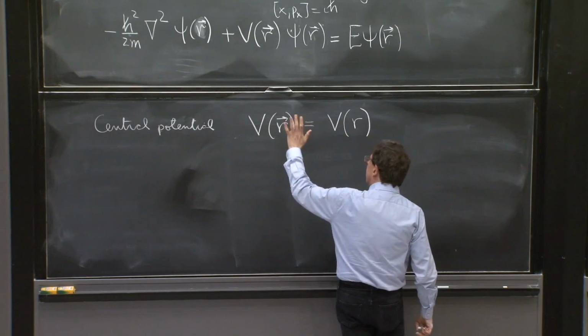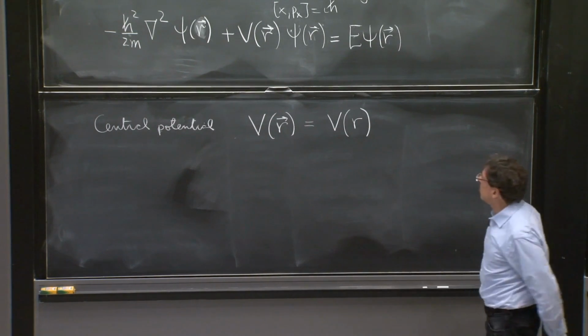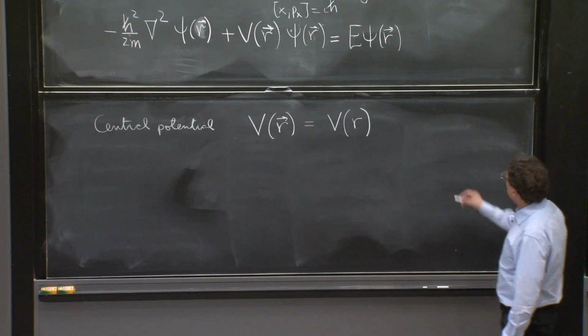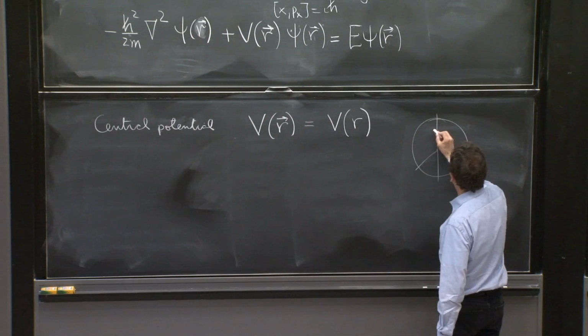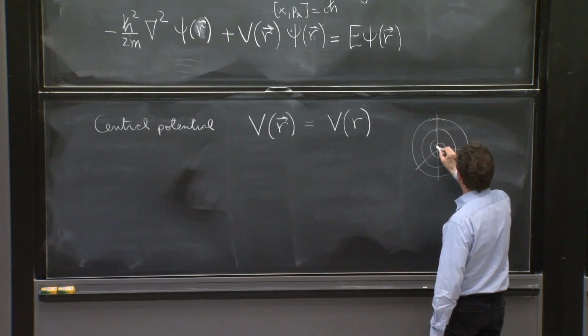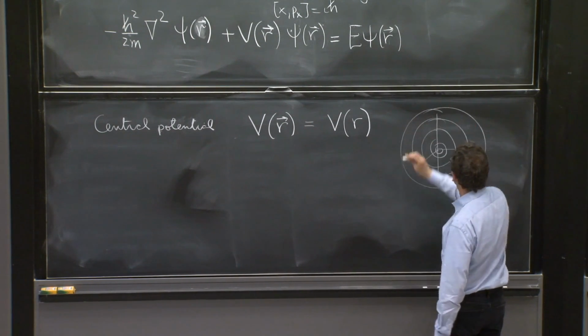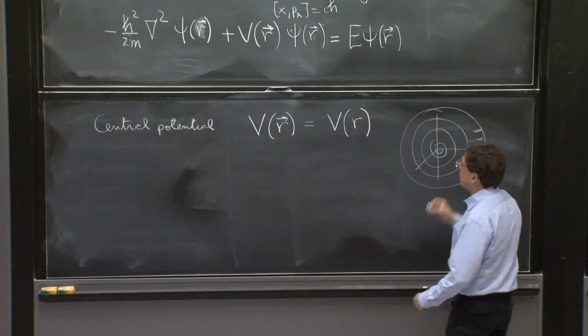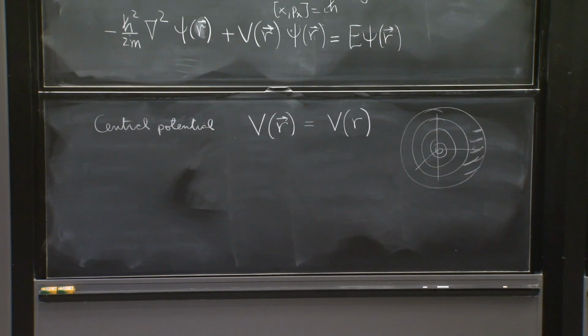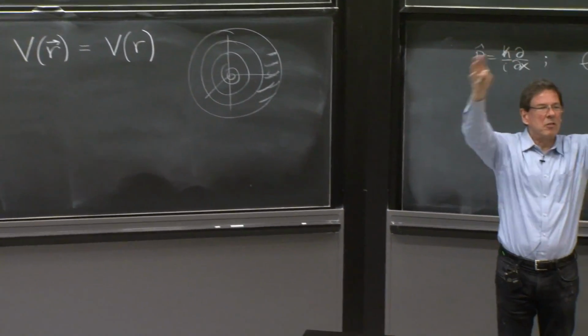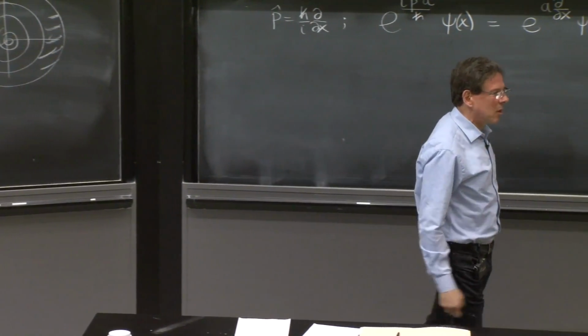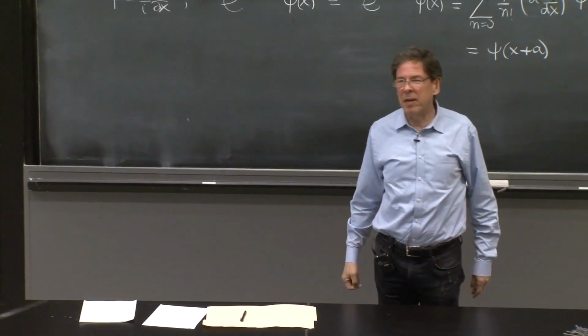I mean that the potential just depends on the value of r. So what this means physically is that over concentric spheres, the potential is constant. All over the surface of spheres of constant radius, the potential is constant, because it only depends on the radius.